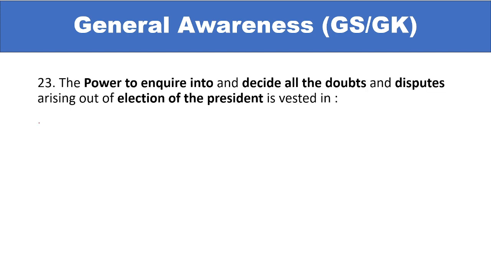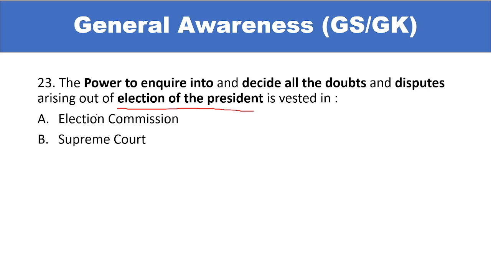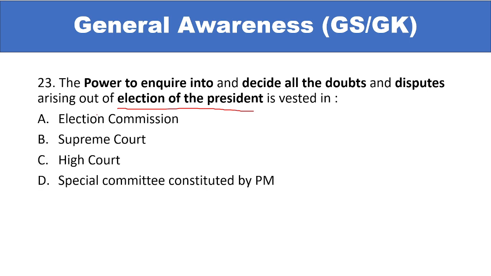Next. The power to inquire into and decide all doubts and disputes arising out of the election of the President is vested in. The options are Election Commission, Supreme Court, High Court, and Special Committee constituted by the Prime Minister. Here we can eliminate High Court and Special Committee constituted by the Prime Minister.